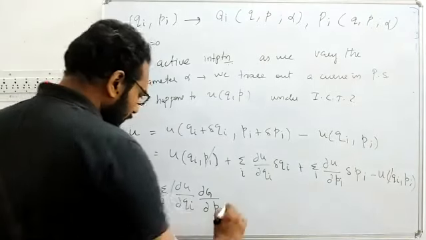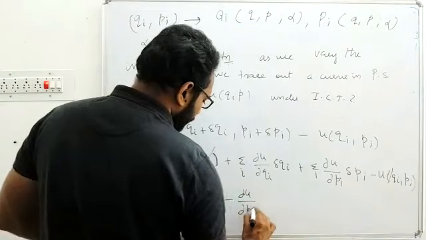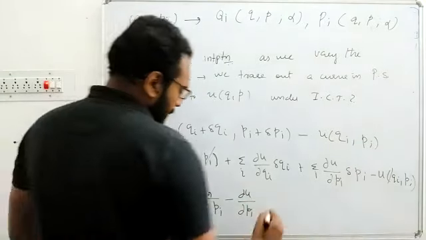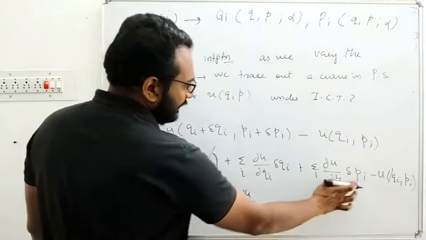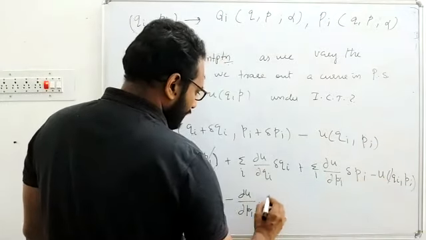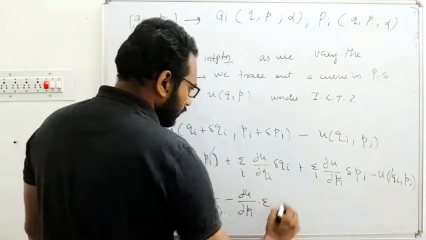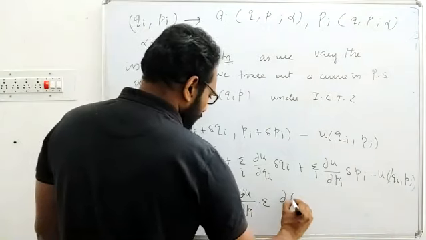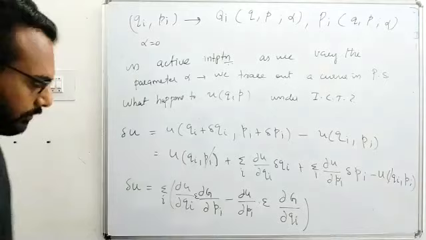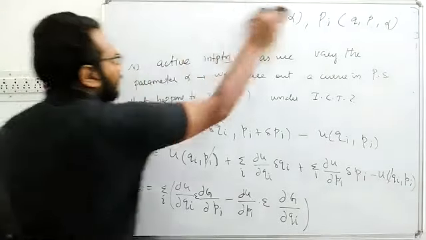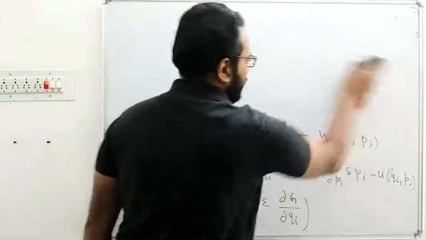Minus this is dou u by dou pi, and why minus? Because this delta pi is minus, there's also an epsilon here, epsilon dou G by dou qi. Is this fine? Is that step all right?